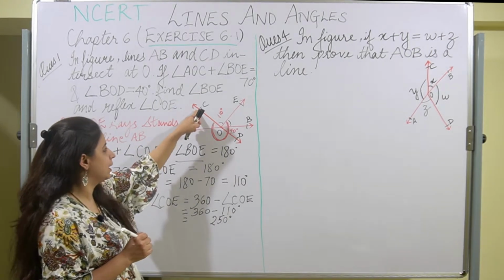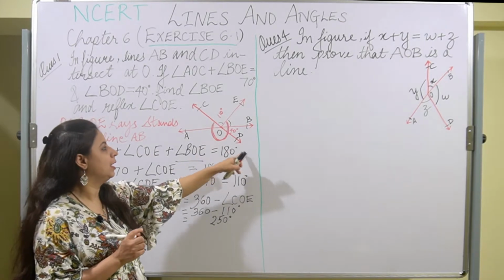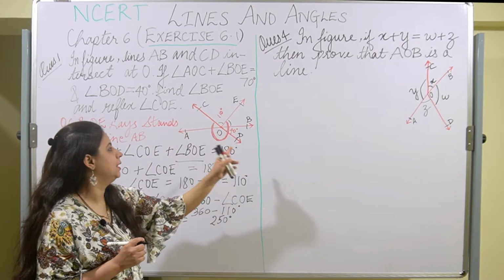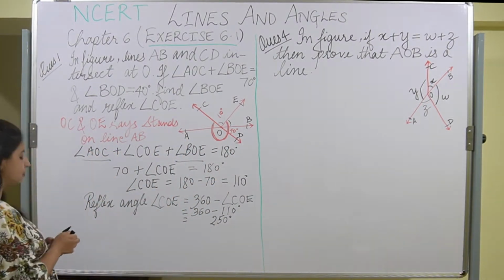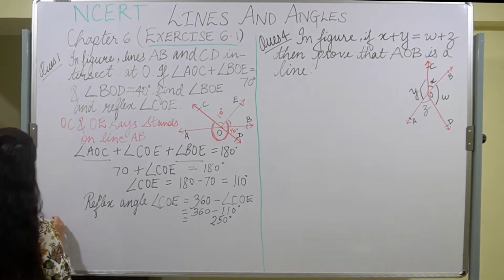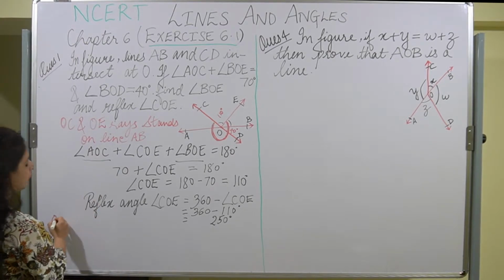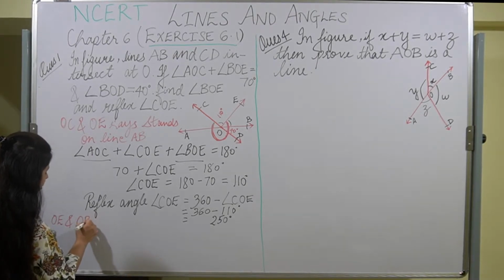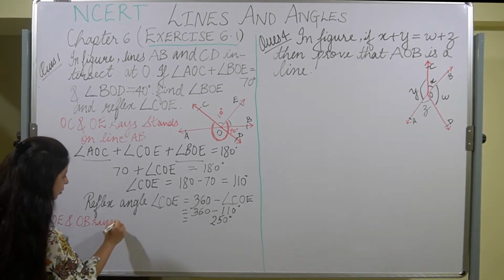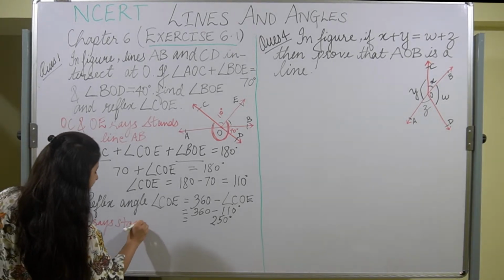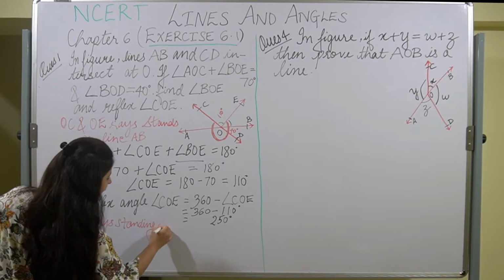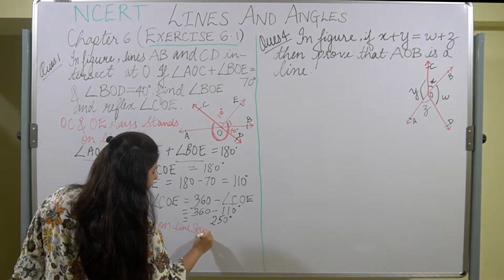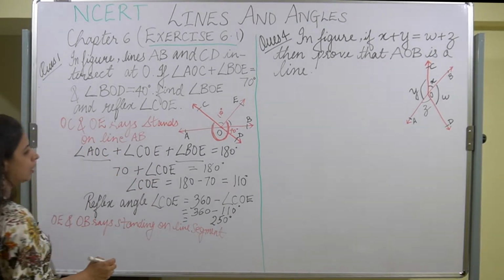So considering now line CD, the rays OE and OB are standing on the line segment CD.